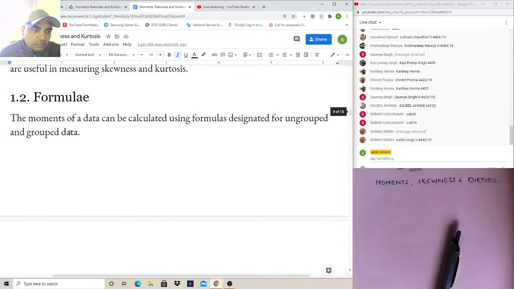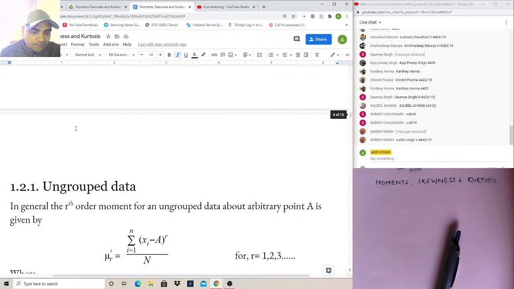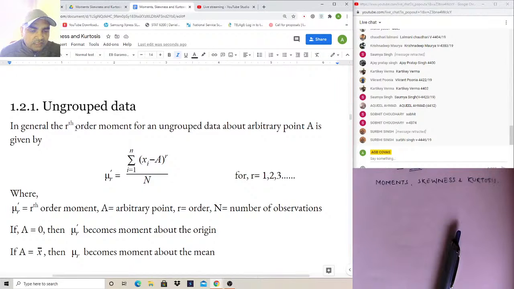These moments can be calculated for ungrouped as well as grouped data. Let us first take an example of ungrouped data.